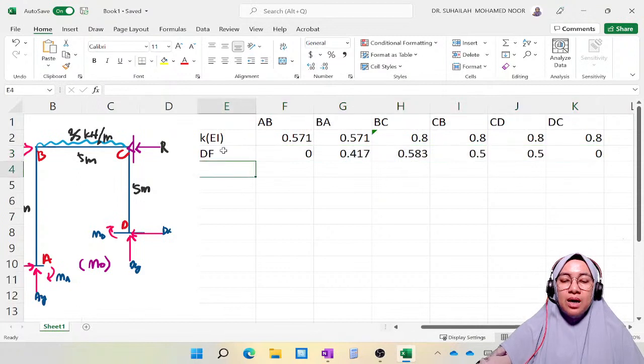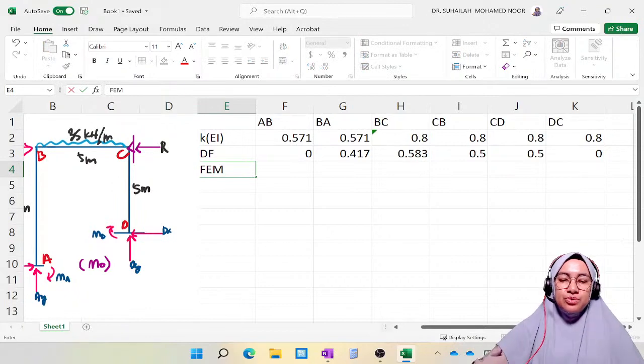After the distribution factors, remember the first member end moment in the table comes from the fixed end moment. So the first thing to do is to put in the fixed end moment.